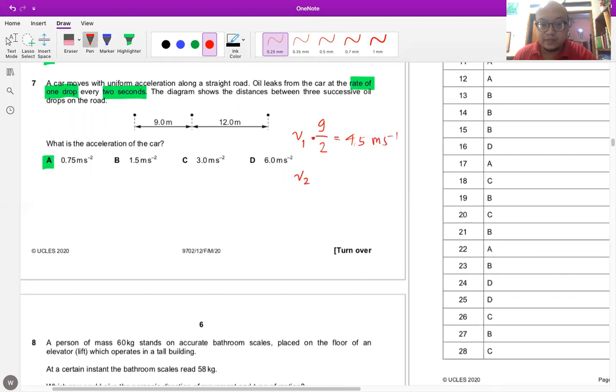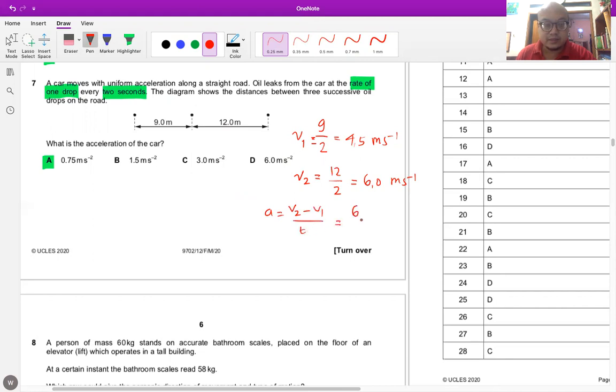And then velocity 2 is 12 over 2, so 6.0 meters per second. When we find acceleration, this is V2 minus V1 divided by t.